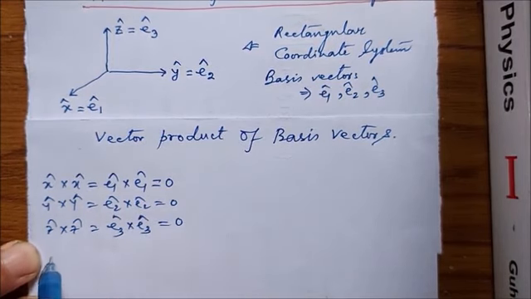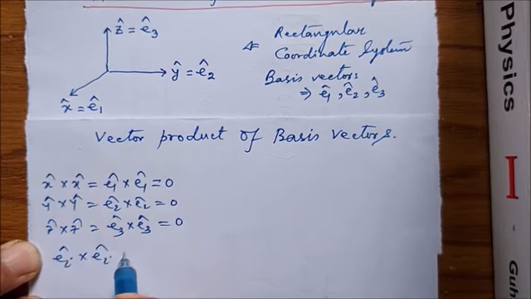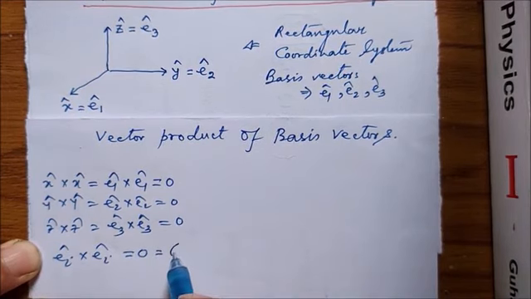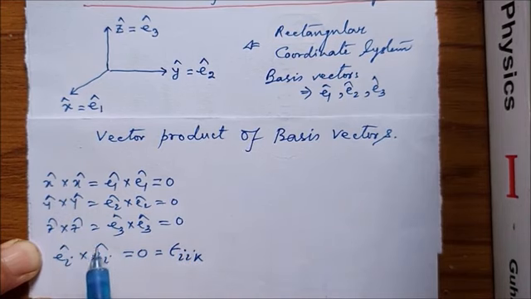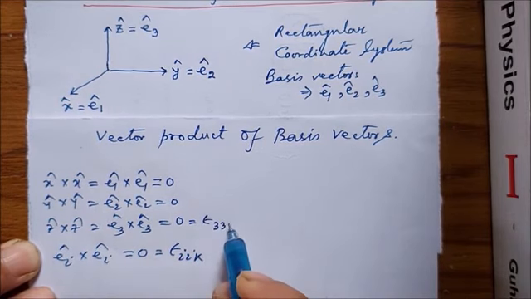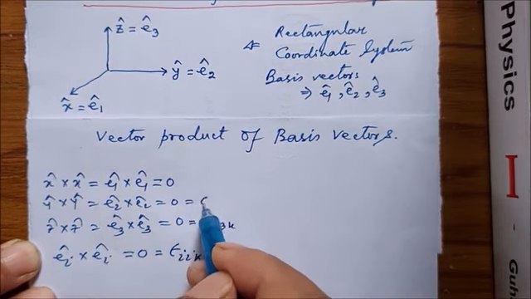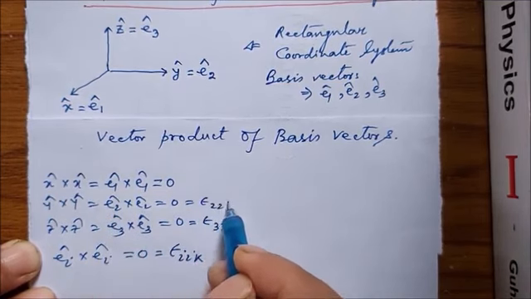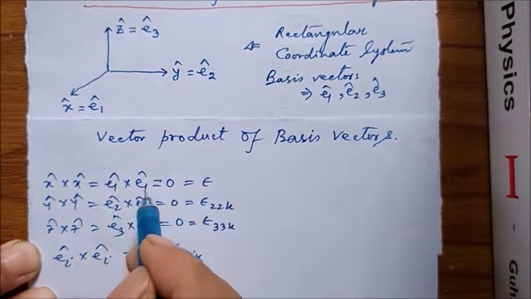So in general, we can write ei cap cross ei cap is 0, and this can be represented through Levi Civita symbol by attaching the indices i, and then it can be anything. Since indices are repeated, it is always 0, which we should get for these type of choices. So this is epsilon 3, 3k. This is epsilon 2, 2k. And this is epsilon 1, 1k.